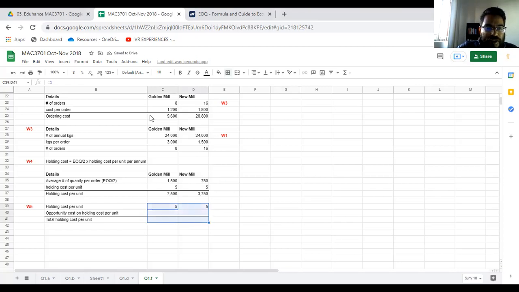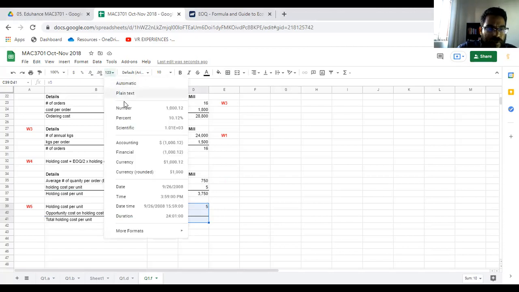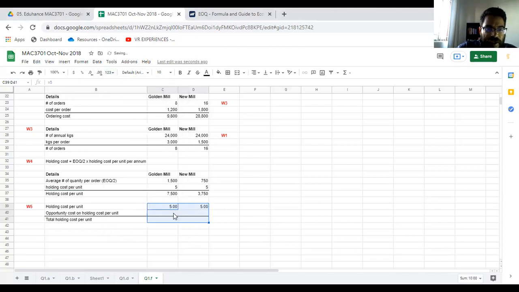But now the question is, what is the opportunity cost? The opportunity cost is simply going to be the holding cost per unit multiplied by the interest rate, which is 6%.